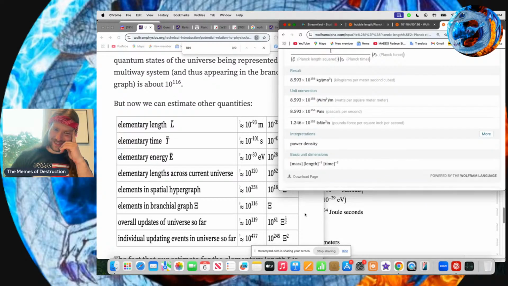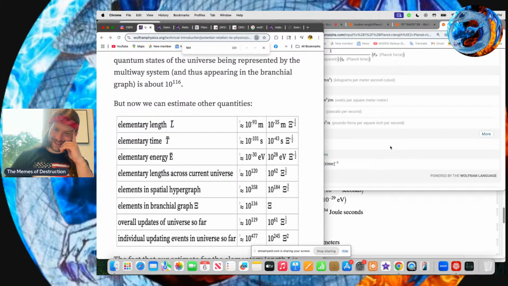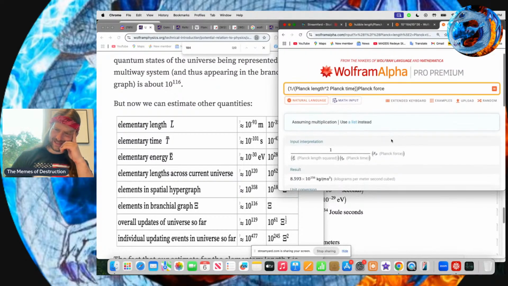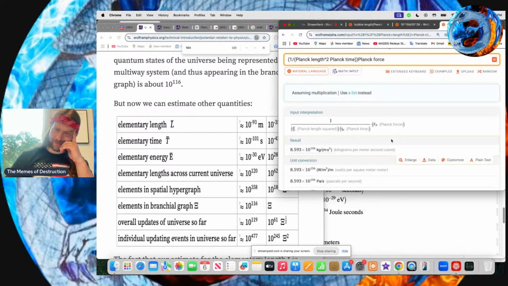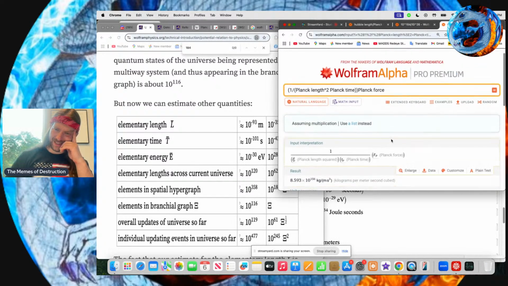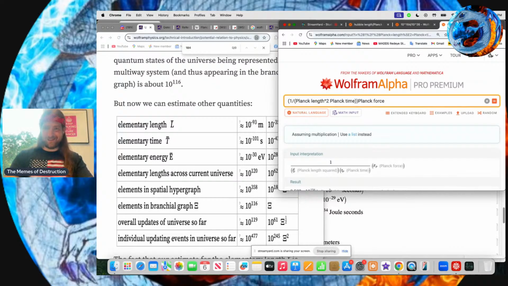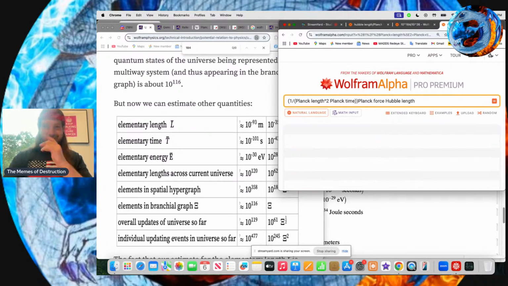Well, that should be just a dimensionless count. What the heck am I multiplying this by? Length of the observable universe? Let's do radius of universe. Okay, how about this? Hubble length. There we go. Hubble length. That's the term.